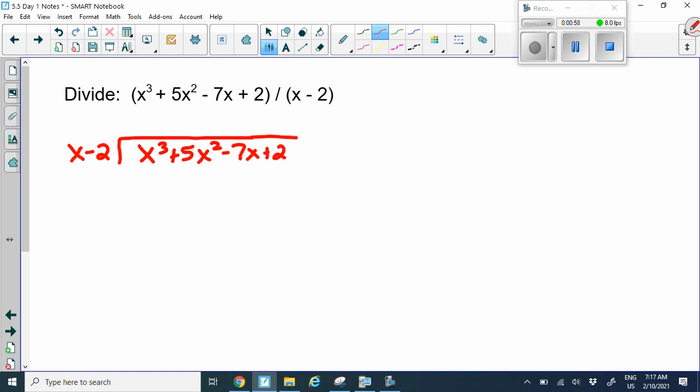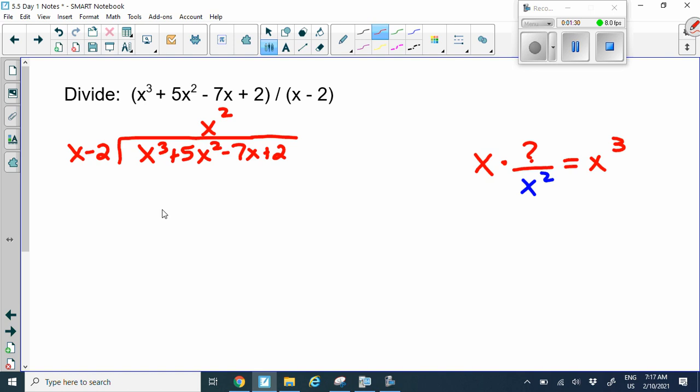Okay, so now what I'm going to do is I need to match my x cubed here. And in order to do that, I need to think x times what gives me x cubed, okay? So if you want to do this on the side, you can. Well, to get that x cubed, I have to multiply by x squared. Okay, so x squared times x gives me that x cubed.